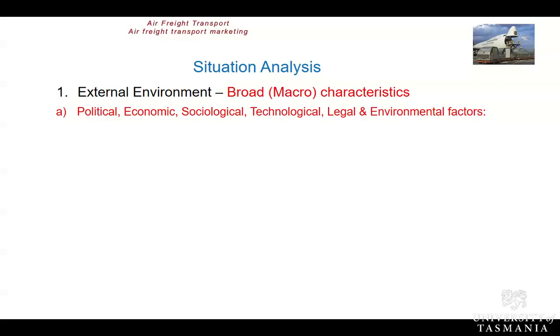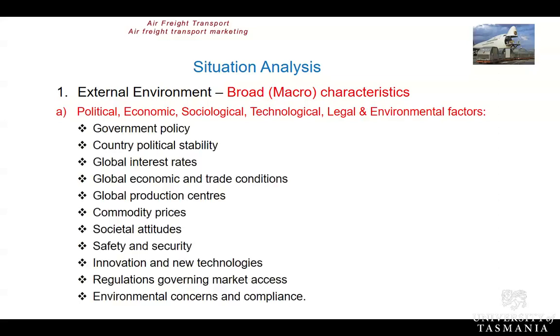So essentially your task there is to investigate all those areas to see what might be impacting on your business. Now, some of those things are actually going to be good for your business. Some of those things are not going to be so good, and it's important that you shortlist what those issues are.